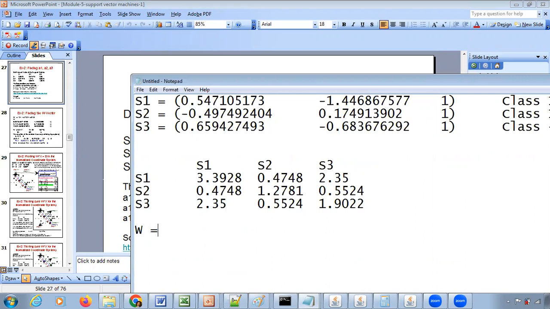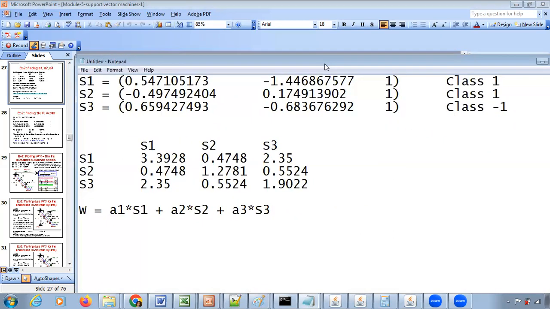And so let's write first W. So W is A1 X1 plus A2 X2 plus A3 X3. So W times S1, because S1 belongs to class 1, should be equal to 1. W times S2 should be equal to 1. W times S3 should be equal to -1.